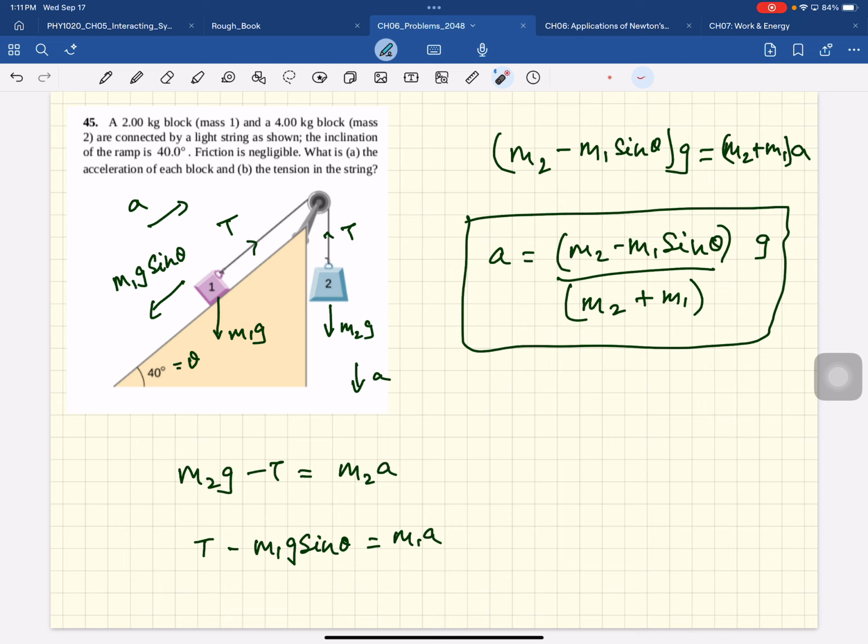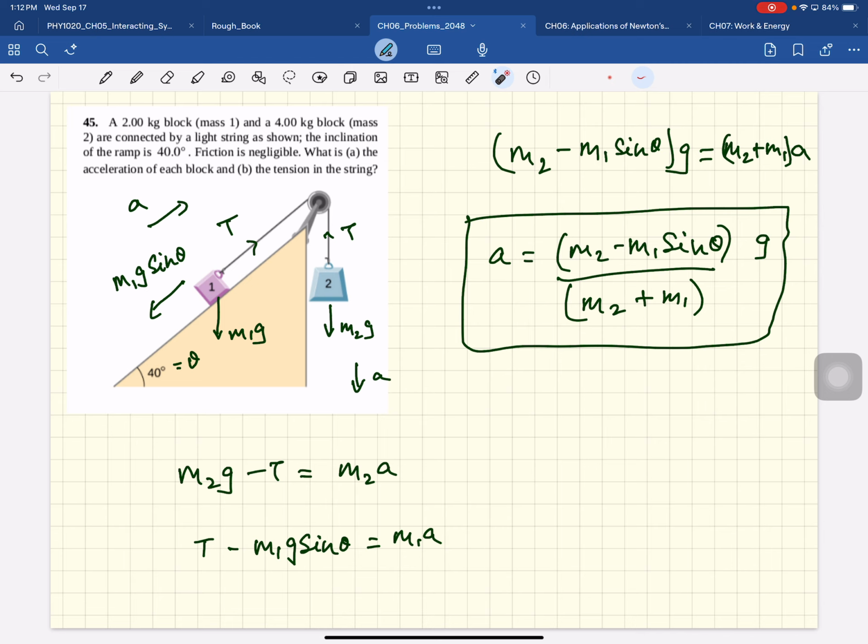Why are we subtracting off T though? Well, if this guy's accelerating that way, this guy's accelerating this way, we're choosing this direction as positive, and M2g is positive, and T, that force, is negative. That doesn't really answer that question.